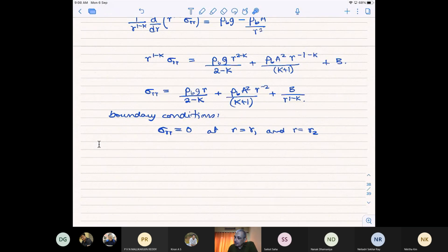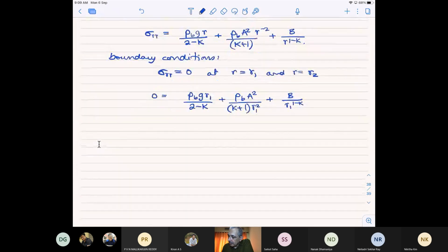And so we can try and do this, where we have 0 is equal to rho b g r1 divided by 2 minus k, plus rho b a squared divided by k plus 1 r1 squared, plus b divided by r1 raised to the power of 1 minus k.